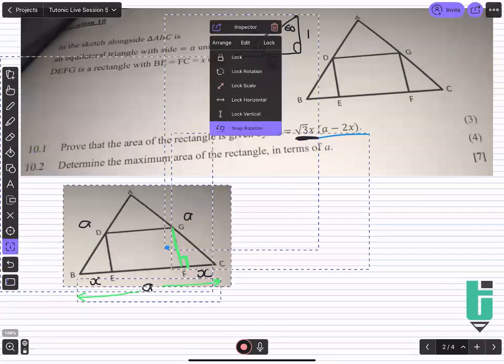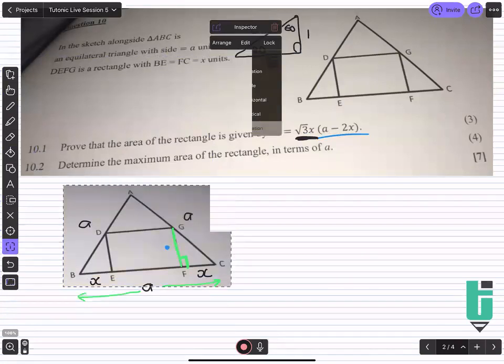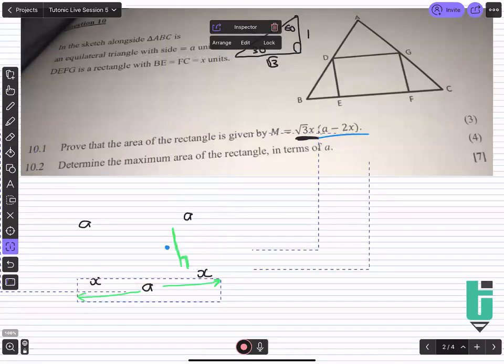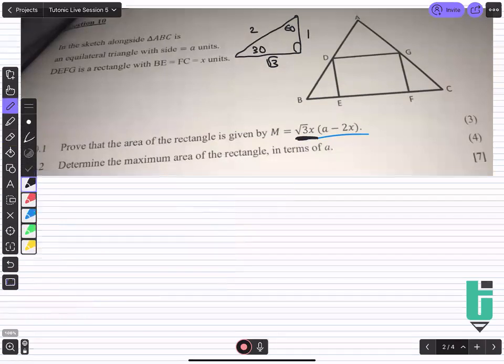The maximum area, what do you think, Amara? So we find the area of the rectangle, right? To find the maximum, can't we find the derivative equal to 0? There we go.